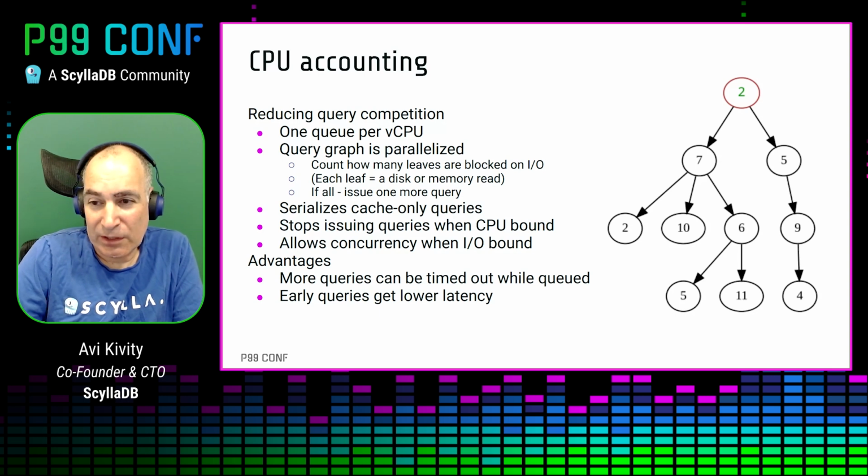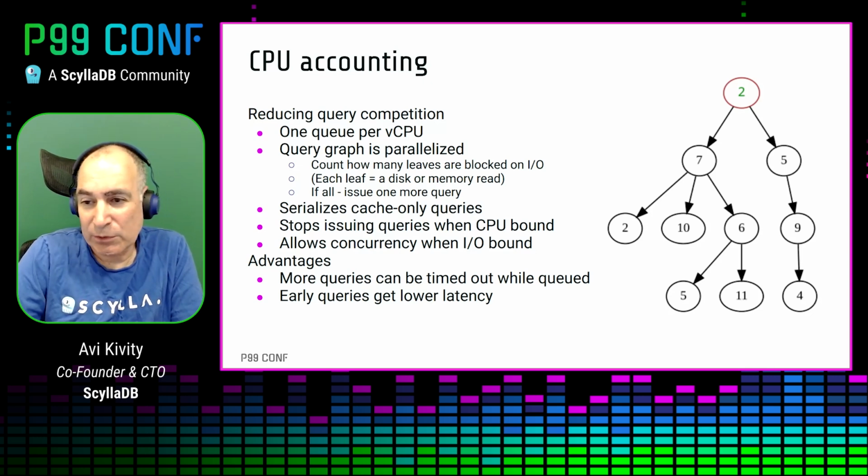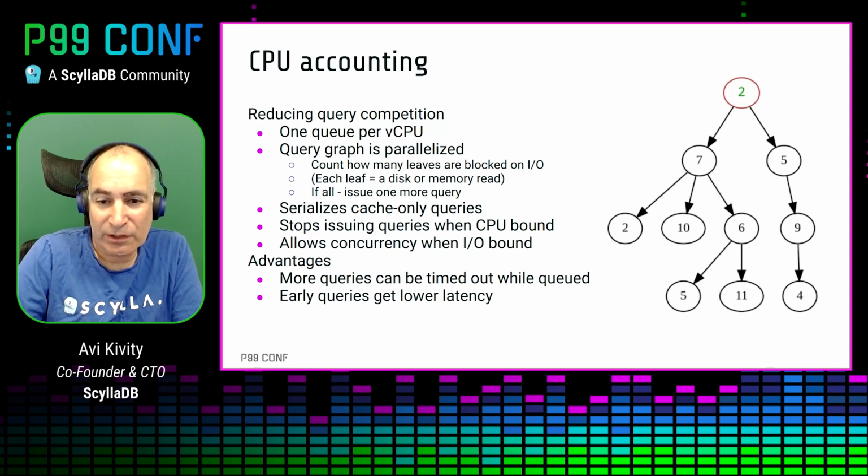When you run this system with a cache-bound workload where everything is read from cache and you don't touch disk, it will serialize the queries. Only one will be processed at a time. And this improves efficiency. There is no context switching. The data cached is well utilized.